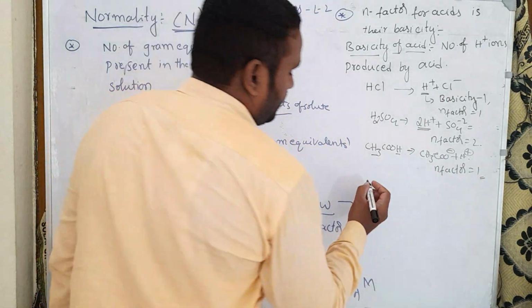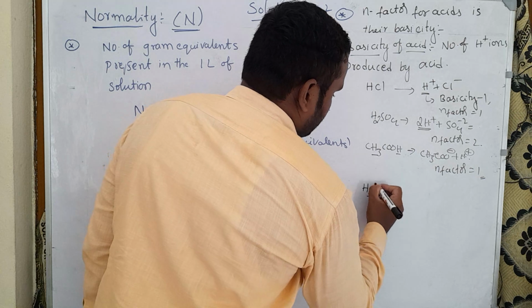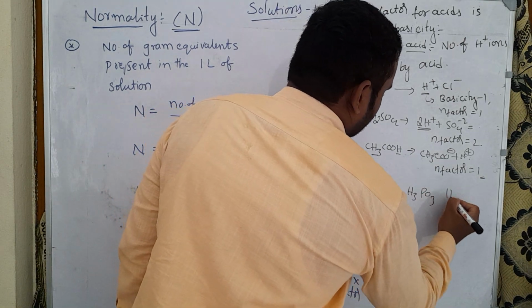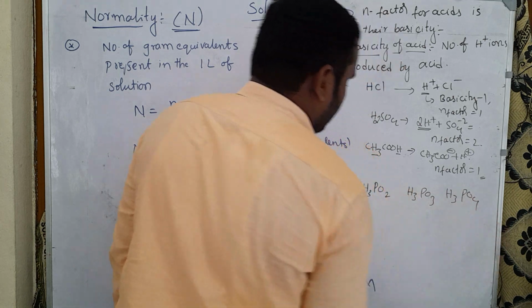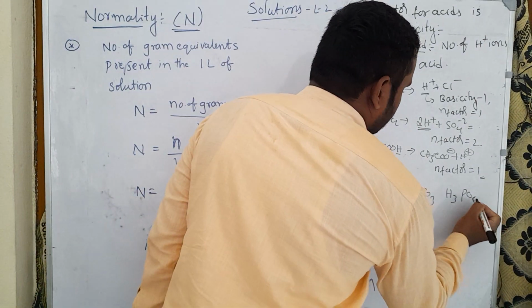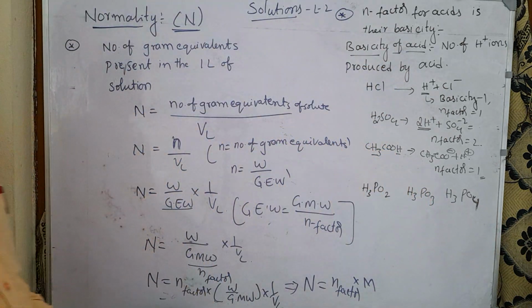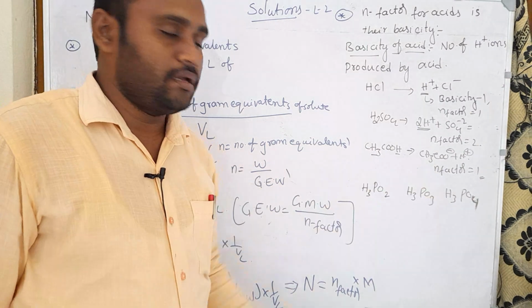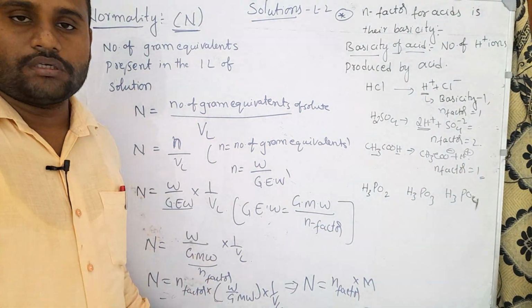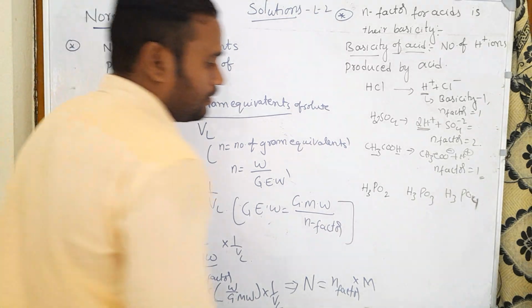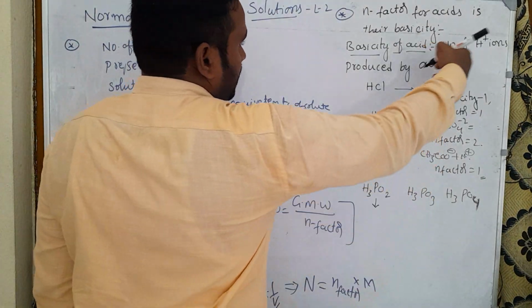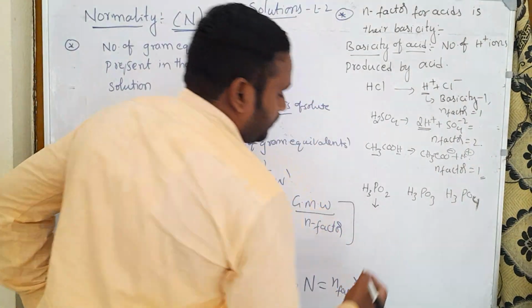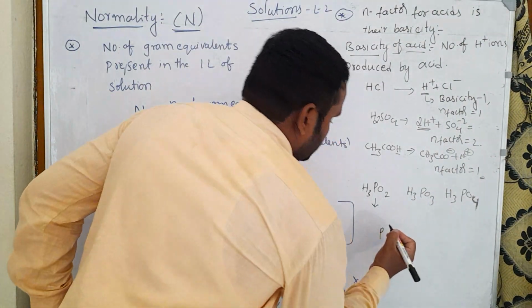Next, let us come here. We have 3 acids: H3PO2, H3PO3, H3PO4. What is their basicity or n factor? Simply we can assume that all of them contain 3 hydrogens, so their basicity is 3, but that is wrong. What I said is that basicity is the number of H plus ions produced by an acid. H3PO2 is called hypophosphorus acid.